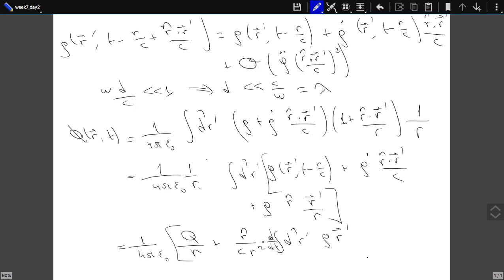You see, it is this term over here. The time derivative, I just took it out of the integral. This r hat vector is a constant vector. c is a constant. I just take them out of my integration. And I have 1 over r, not r squared.